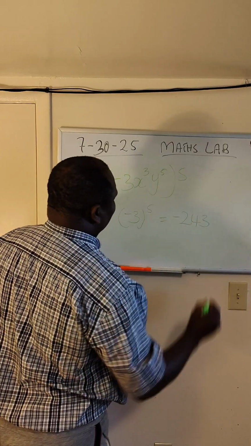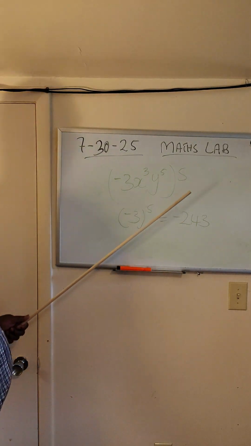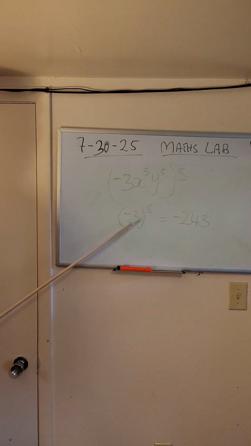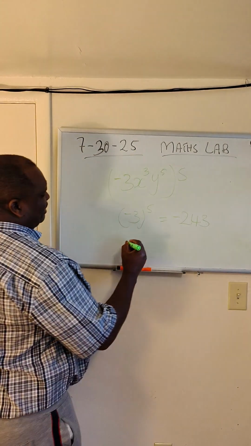Remember, this 5 is the 5 that we did. We took this negative 3 individually and raised it to the power of 5, and that's how we got negative 243.